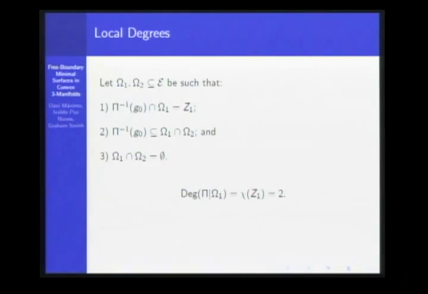Then, as I said, using this perturbation argument, we know that the local degree inside omega 1 is equal to 2. And using a very nice symmetry argument, which I do not have the time, do I? I have a few minutes. Oh, right, good. Using a very nice symmetry argument, which goes back to work of Brian White, you can show that the contribution to the degree of everything else is equal to 0.